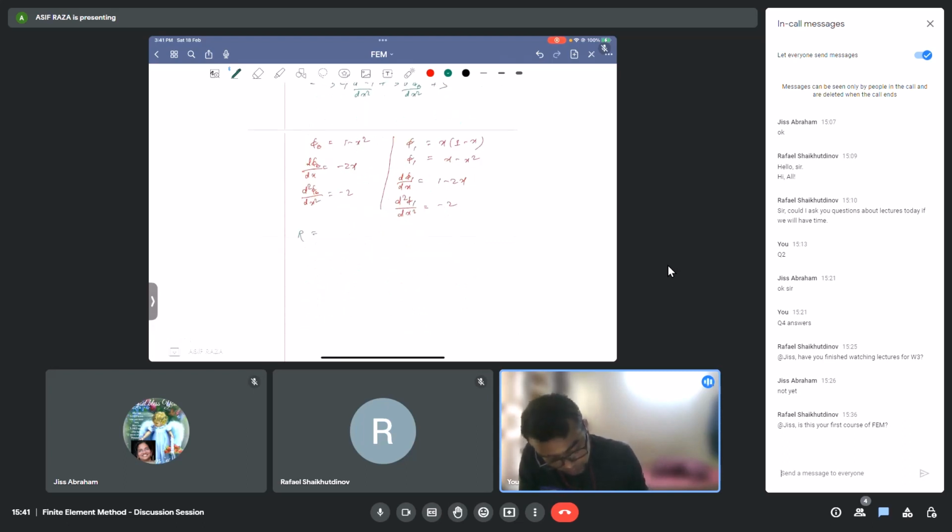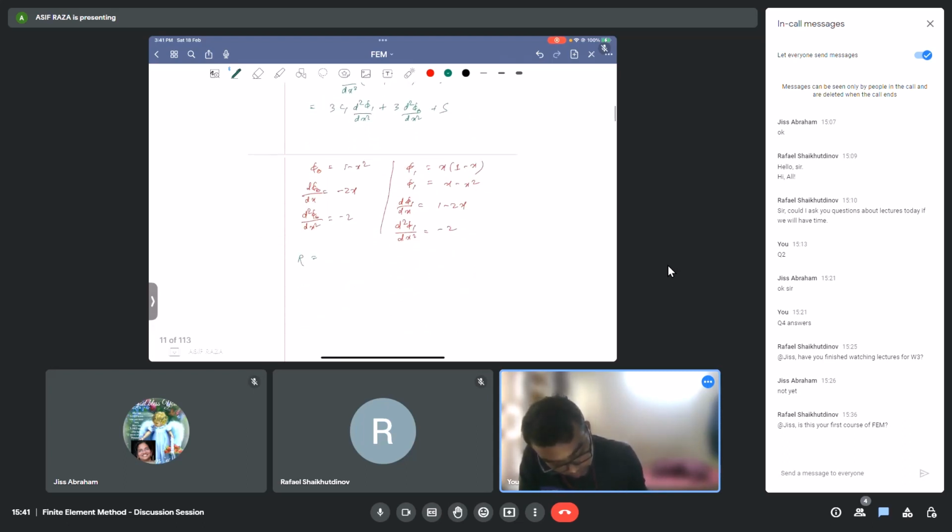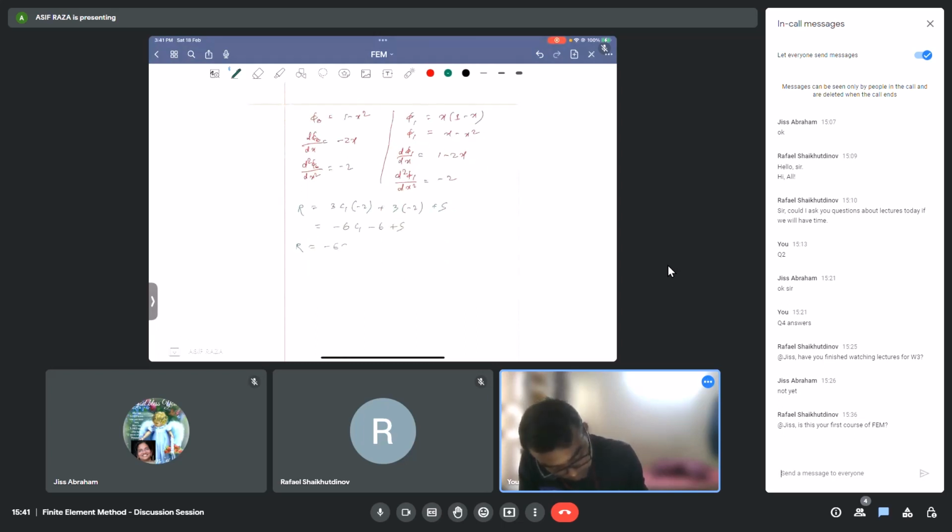We'll have R as 3 c1 times d square phi 1, which is minus 2, plus 3 times minus 2, plus 5. This is equal to minus 6 c1 minus 6 plus 5, that is R is equal to minus 6 c1 minus 1.